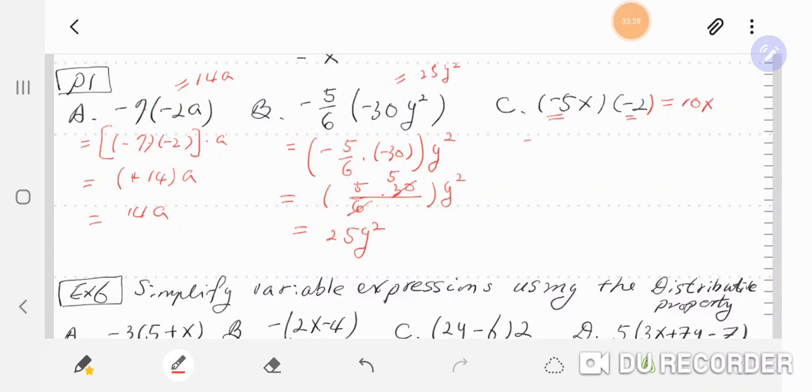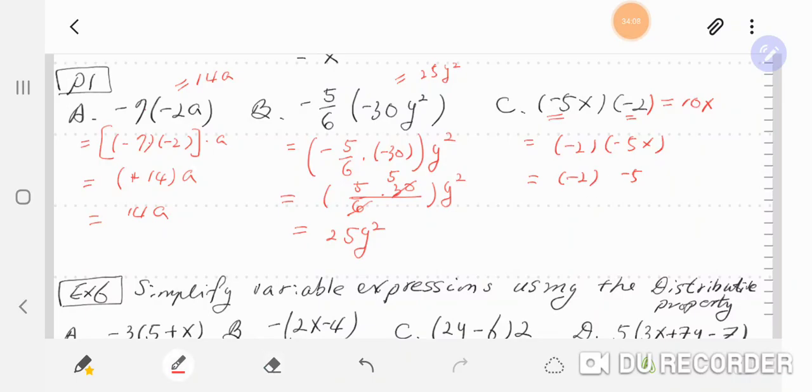That's the solution. But if we want to use the properties, why don't we use the commutative property? So -2, just exchange these two expressions, and -5x. Then this is equal to -2 times -5. Now let's use the associative property.